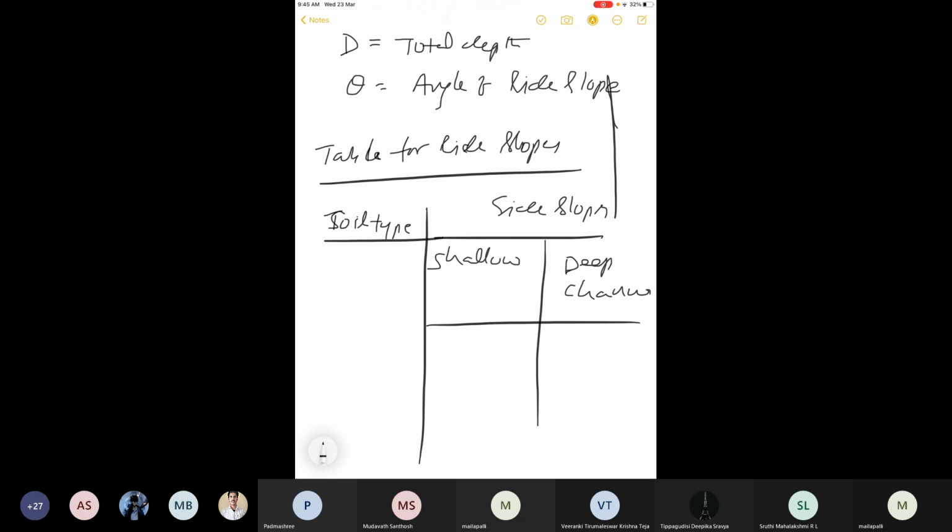Based on the soil type, for example sandy loam, you have 1.5:1 if you're planning for shallow, or 2:1 you have to maintain. So 2 horizontal and 1 vertical. Similarly 1.5 horizontal, 1 vertical.